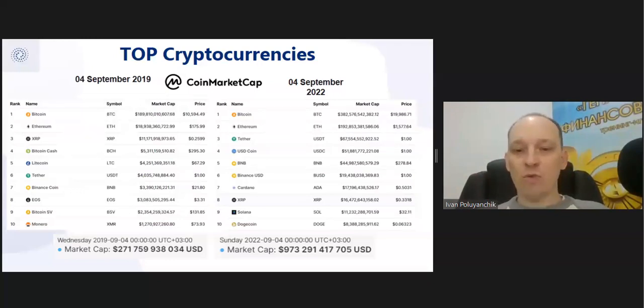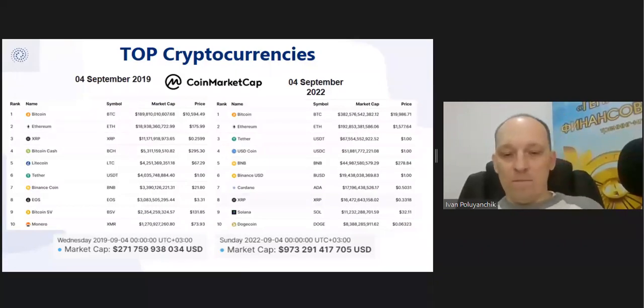Also, on this slide, I already mentioned, I have the total market capitalization. So it is the total amount of money injected or invested into the market, because there are other cryptocurrencies except Bitcoin. So this is the value of all the cryptocurrencies taken together.